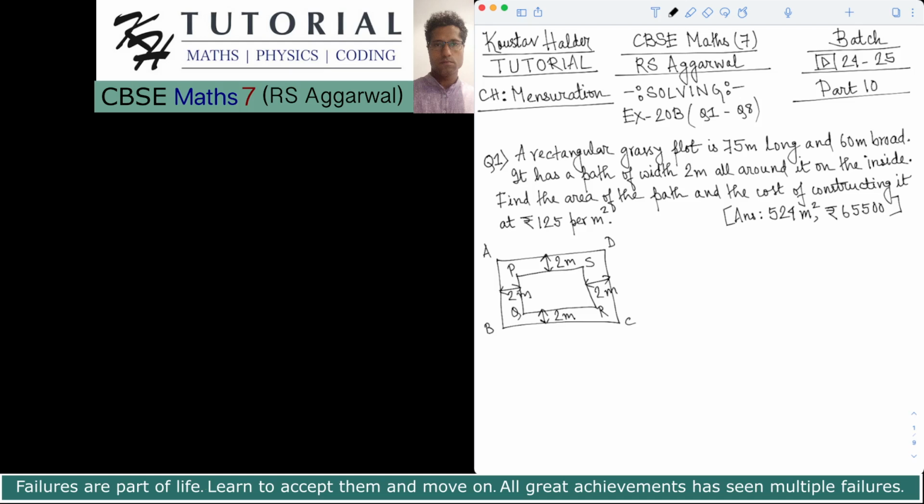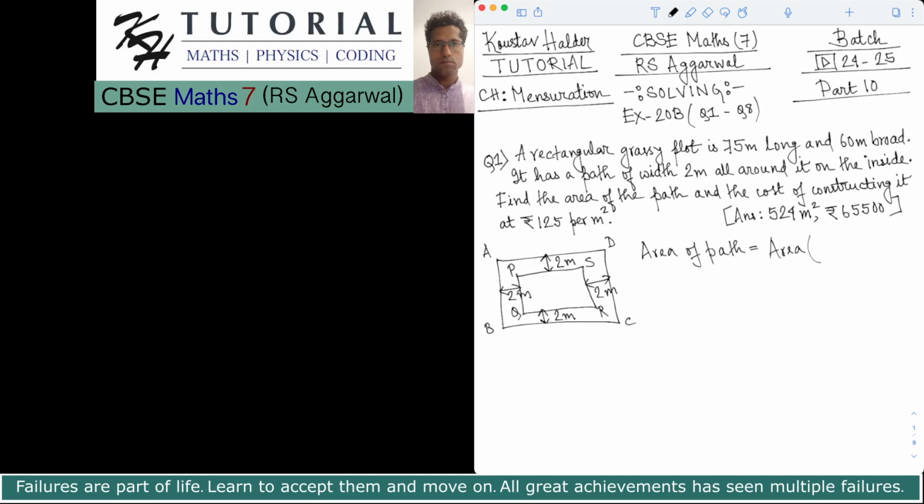Okay, so it is asking what is the area of the path and the cost of constructing it at rupees 125 per meter square. So clearly we can see that the area of path will be equal to the area between the rectangles ABCD and PQRS.